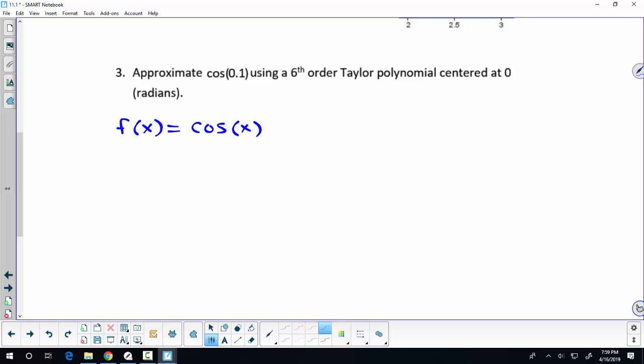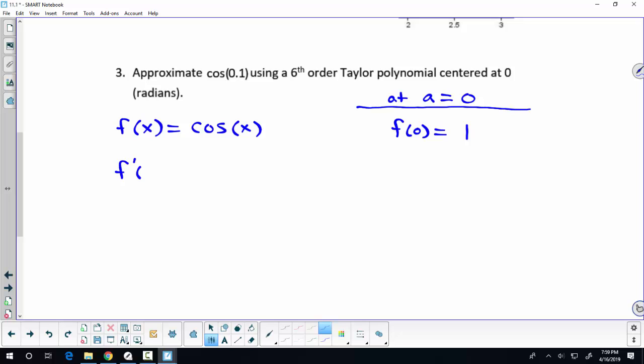And then over here we'll put our coefficients at a center equal to 0. To evaluate the function and all six derivatives at a equals 0. So cosine of 0 is 1. And let's just go ahead and find the derivatives.